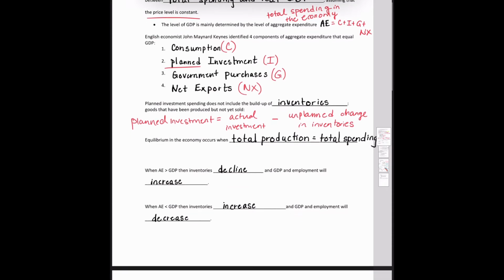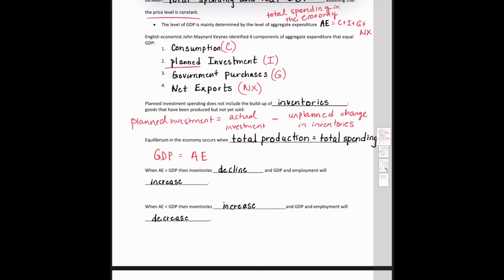Okay. So now let's talk about macroeconomic equilibrium. Equilibrium occurs when output is equal to output produced, or when spending on output is equal to the value of output produced. That's where GDP equals aggregate expenditure. This seems obvious, right?